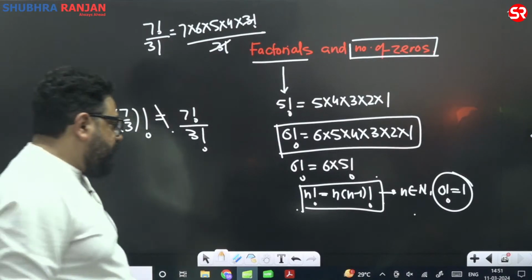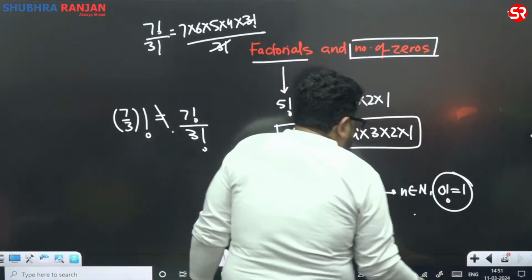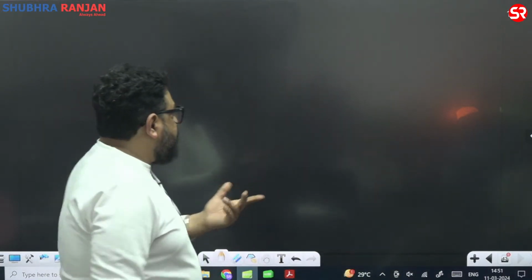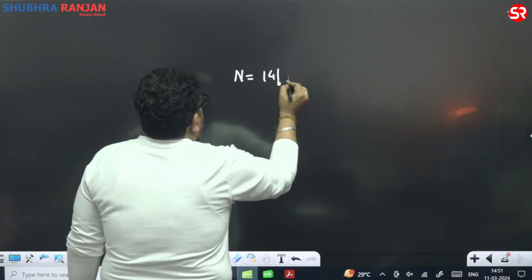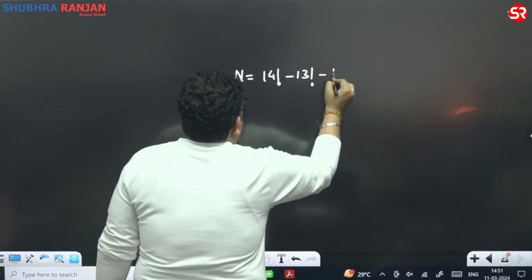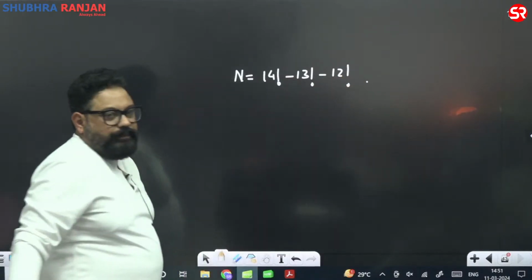Whenever they give questions on factorials, they would always give options: option 1, option 2, option 3, option 4. For example, if I say n is equal to 14 factorial minus 13 factorial minus 12 factorial.